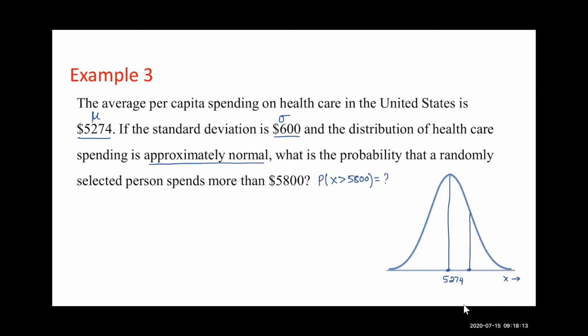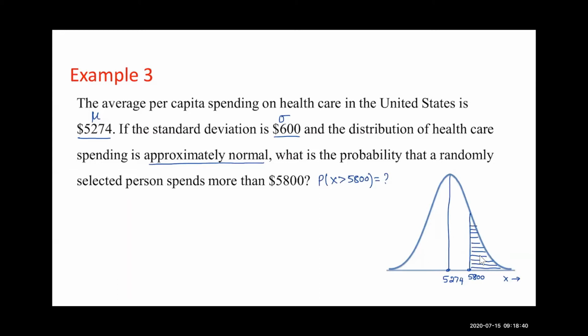So that is 5,800. You need to label that. And we need to find the probability that X is more than 5,800. When I say more than, it is to the right. That means this probability is equal to the area over here. So we need to find that area that will be equal to the probability.